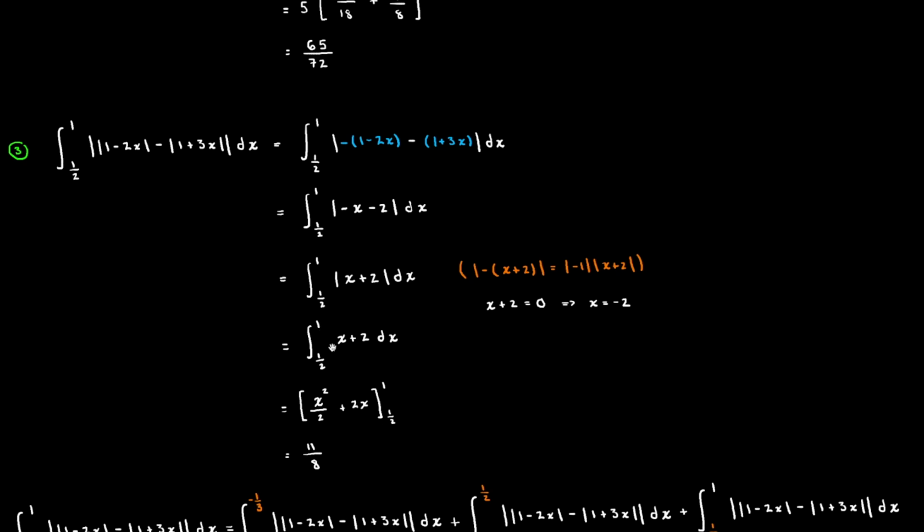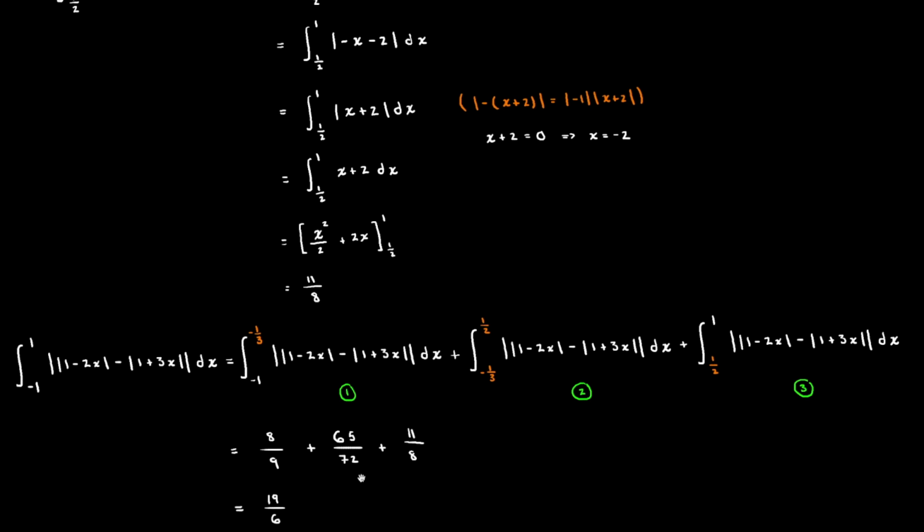So for example, if I plug in 1 here, I will get something positive. So as long as you're to the right of minus 2, this quantity will be positive. So that means we can just drop the absolute values. And now we're just integrating a basic polynomial, a linear function in this case. And you can apply the power rule and get 11 over 8.